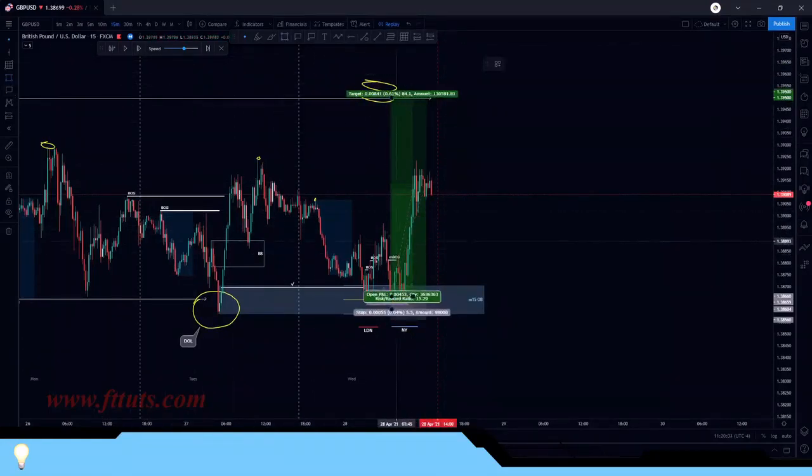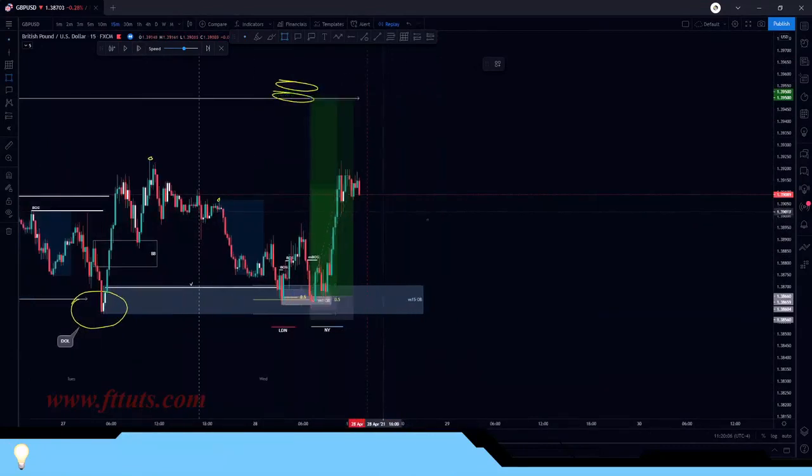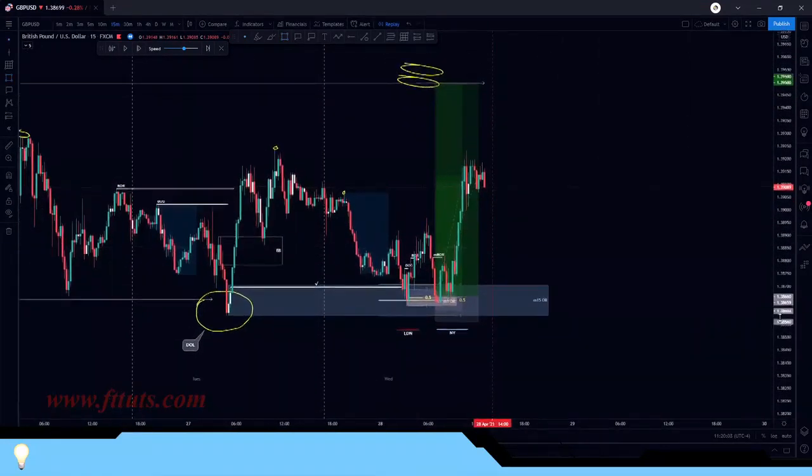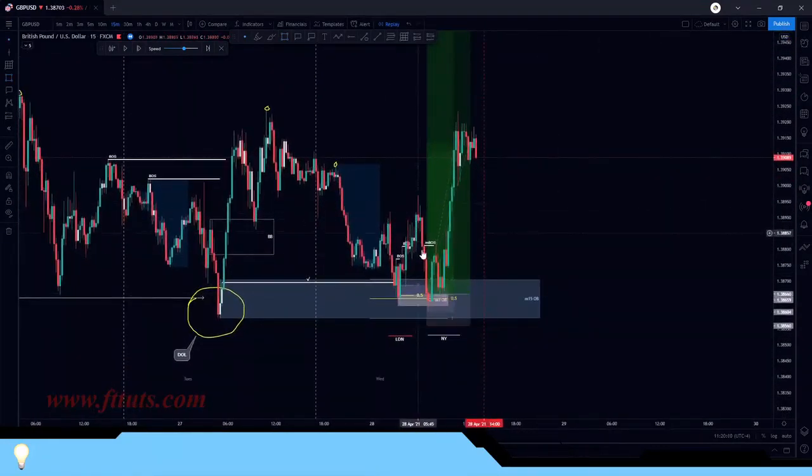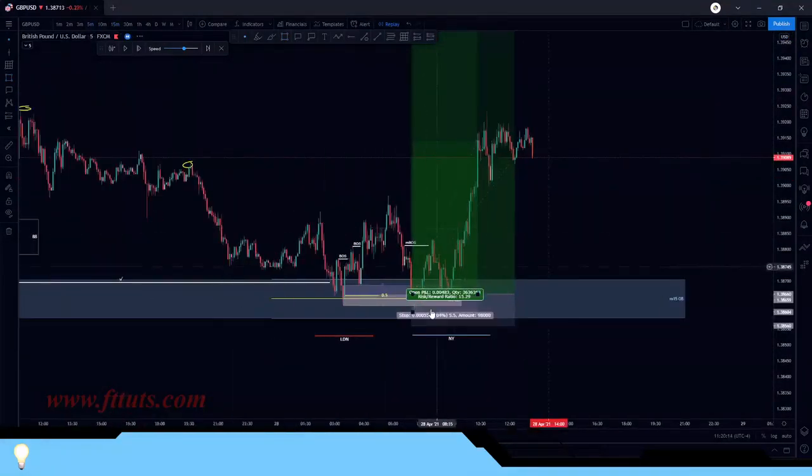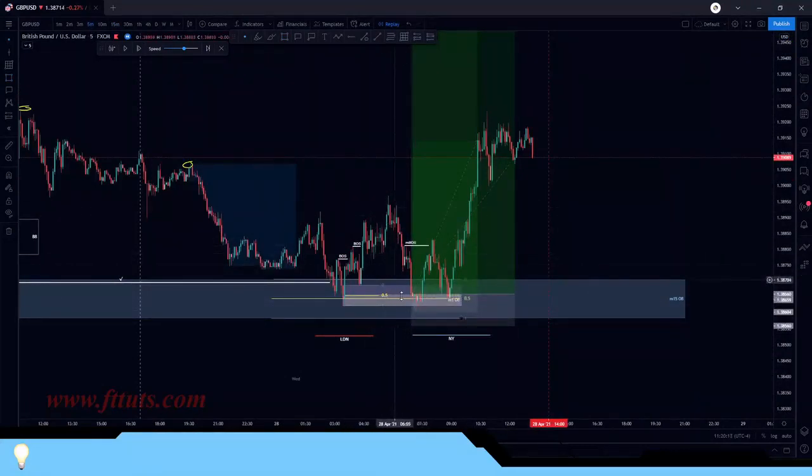So before doing that, we know that this impulse here to the downside broke structure here on the 5-minute, okay? So we broke some structure to the downside, so we have a breaker block right here, okay?